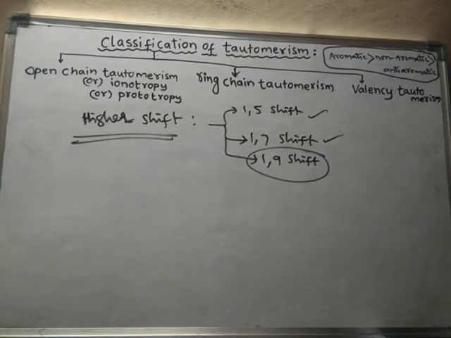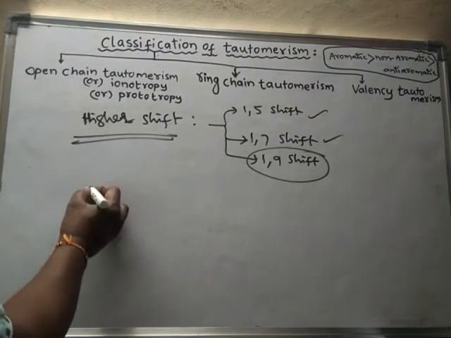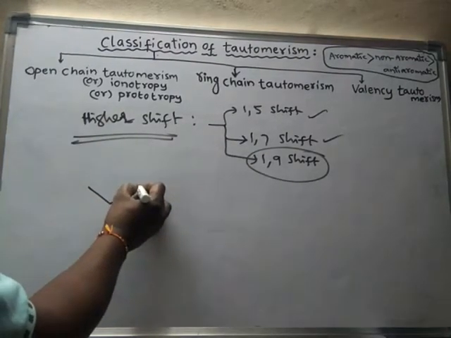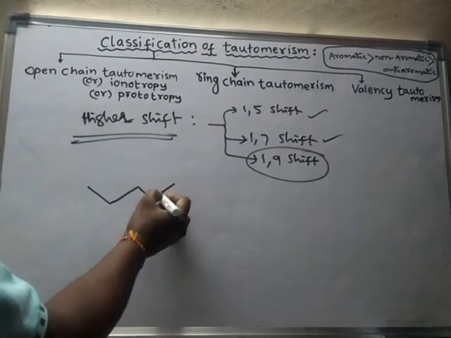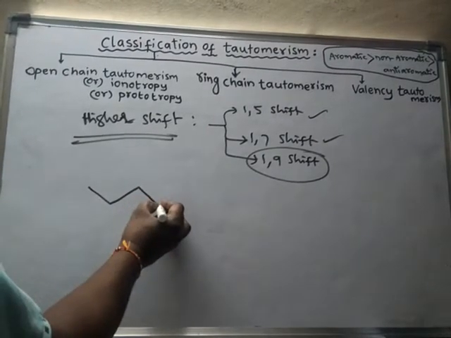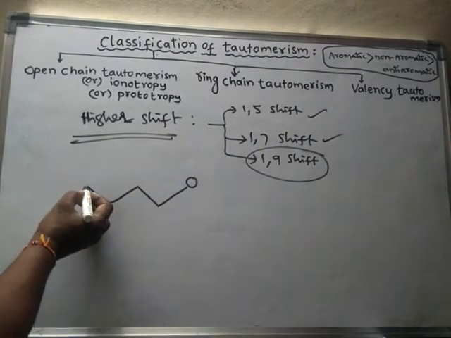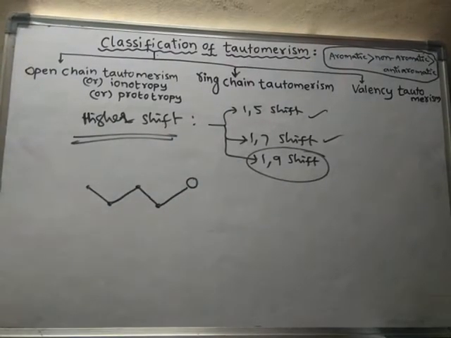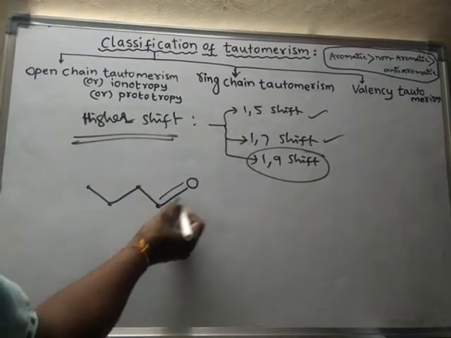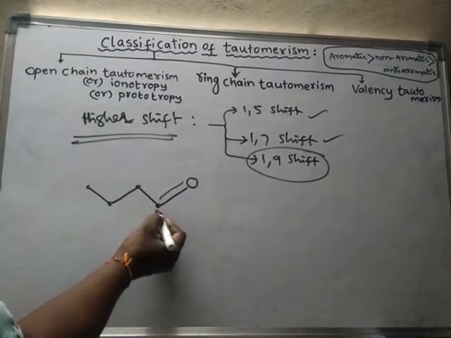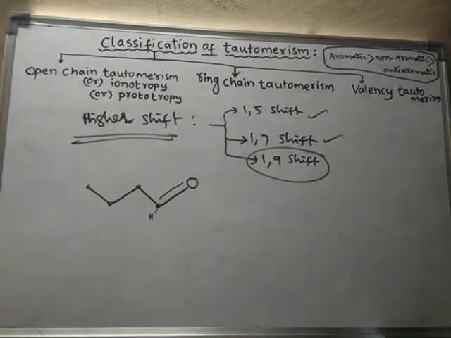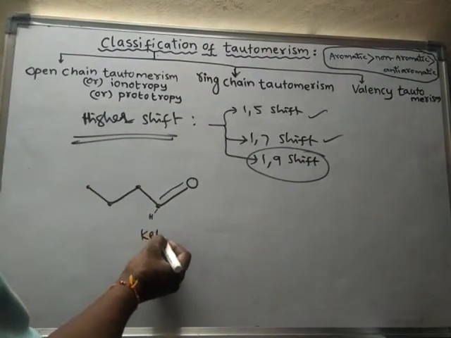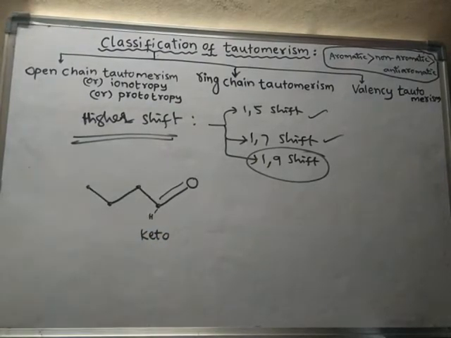Okay, for example, this is one carbon, second carbon, third carbon, fourth carbon, and this is the fifth atom. There is a double bond between this carbon and this oxygen. Here it is having hydrogen also. So this is an aldehyde, and it is in keto form. Even aldehyde is keto form, and ketone is also keto form.